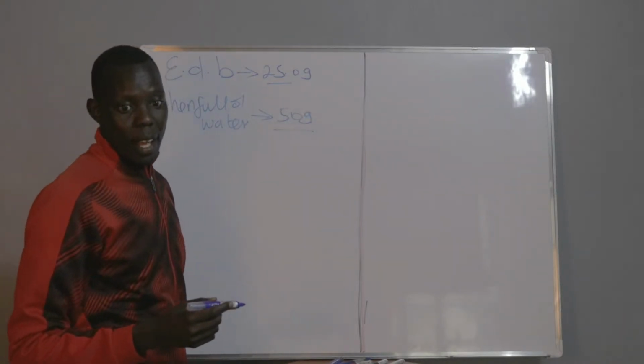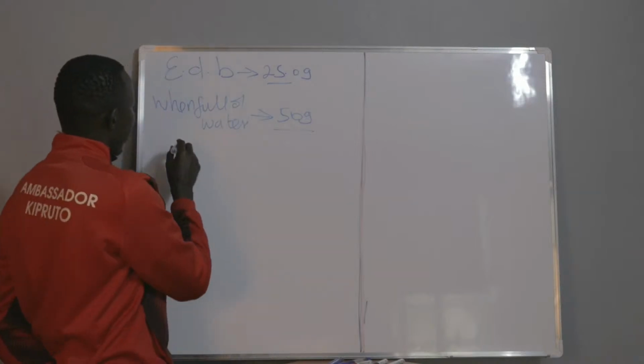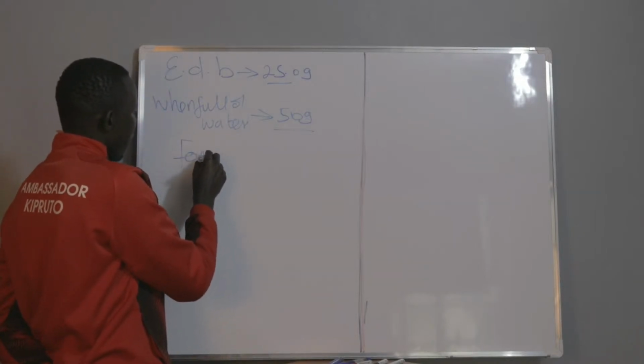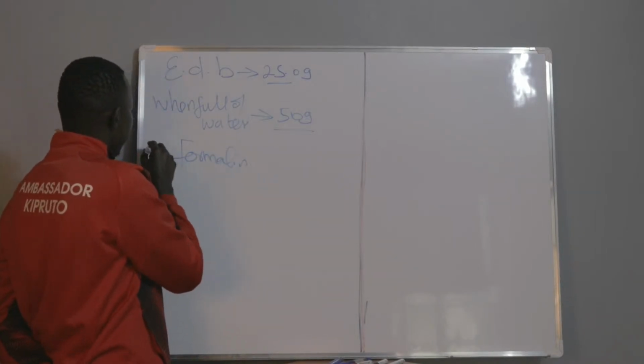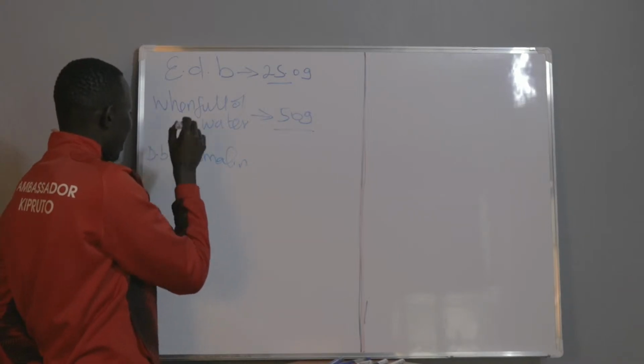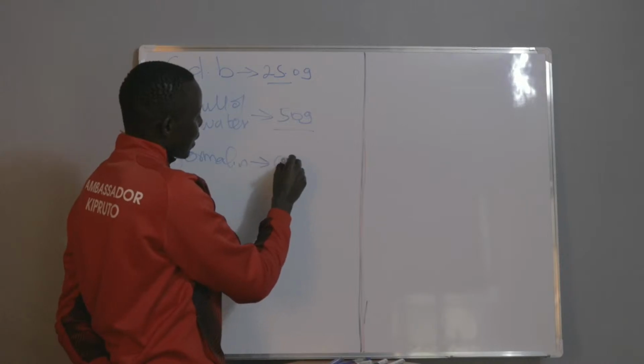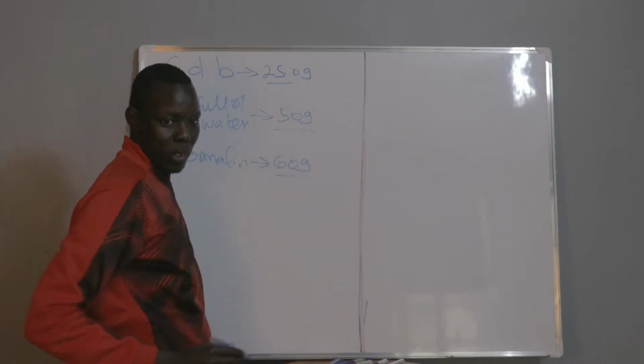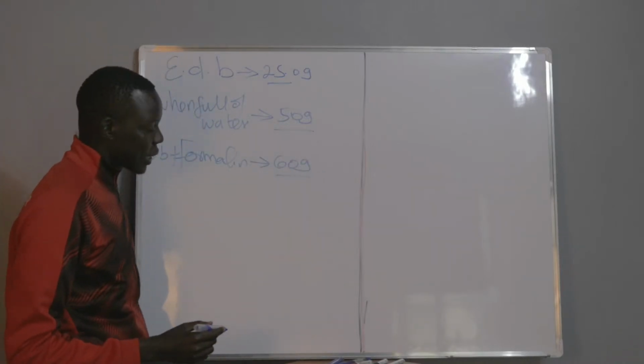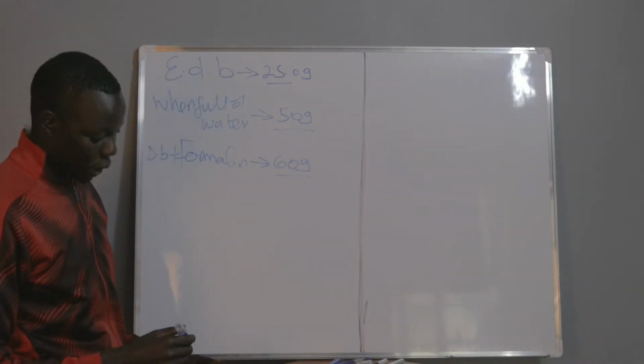And when filled with formalin, density bottle plus formalin is 60 grams. Formalin is commonly used in hospitals. Calculate the mass of water.